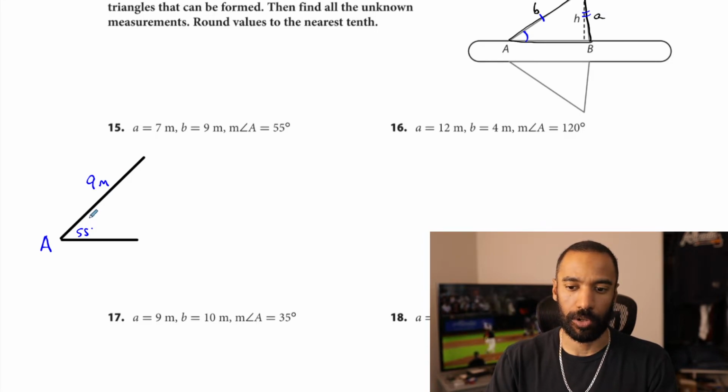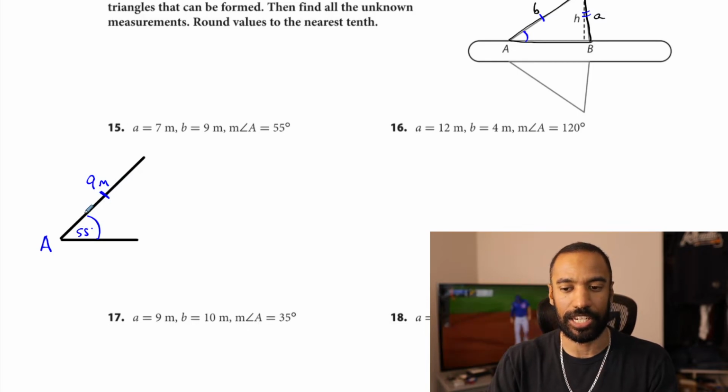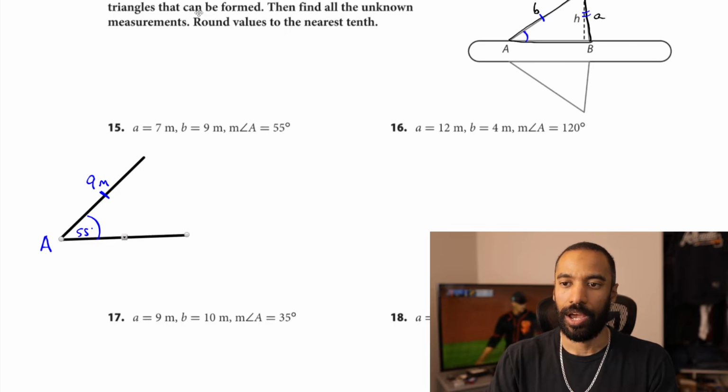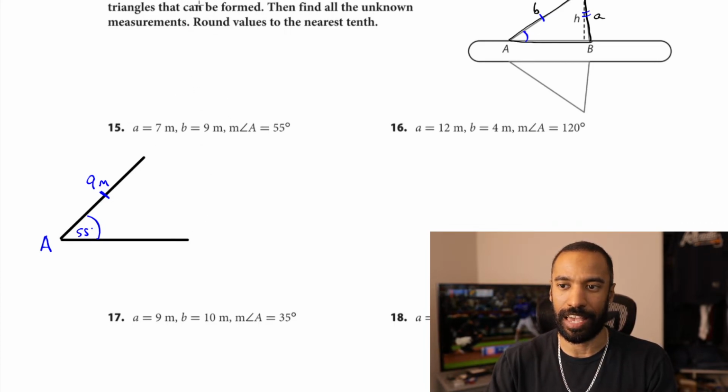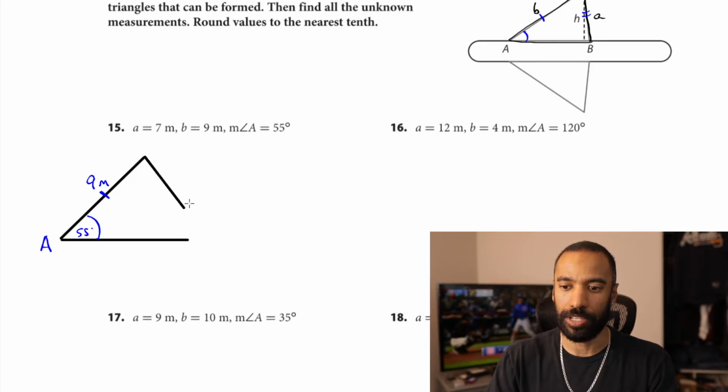Now these two things are locked as they are. This angle measure is locked, this side length is locked. I cannot change those. This side length is allowed to be flexible and change. When I draw this other side out, even though the length will be locked at 7 meters, this angle is allowed to change with it, and if these ever connected, this angle is allowed to be flexible with it.